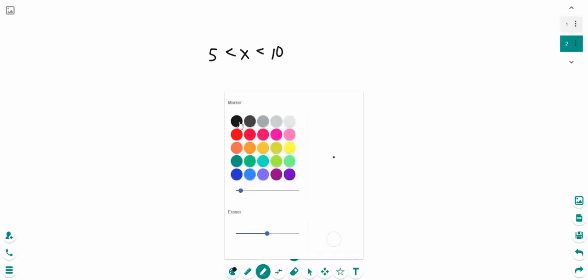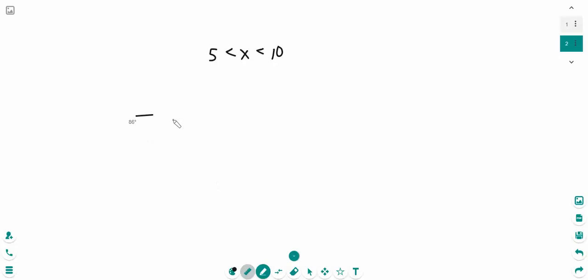So the first problem they ask you to do is to draw a number line and graph the solution of x is greater than 5 but less than 10. Okay, so how would we graph this? Well, let's draw our number line, and we'll select some numbers to throw in here.